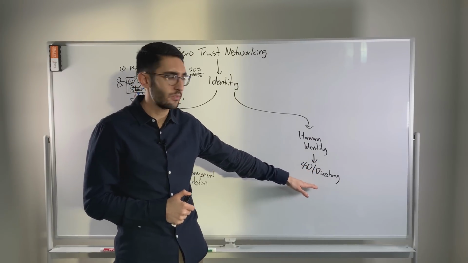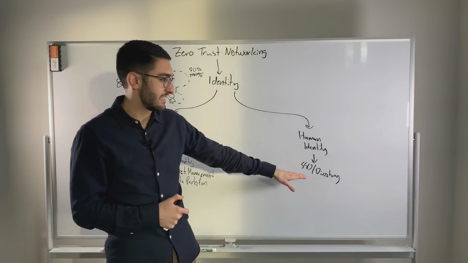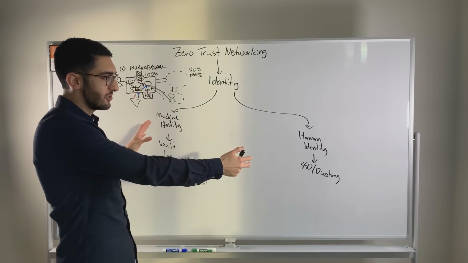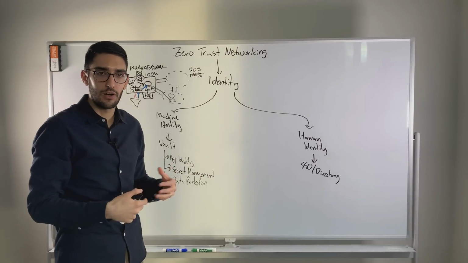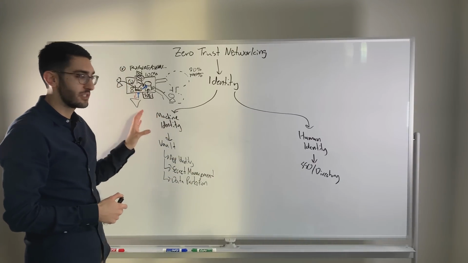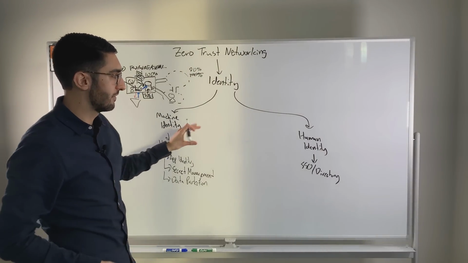I need a common directory, and I need some form of SSO, OIDC, SAML, etc., that I can consume that identity in other systems. Once I have these two pieces, I have a strong notion of who the people are that are identifying themselves and logging in, and I have a strong notion of the applications and the machines and what their identities are.